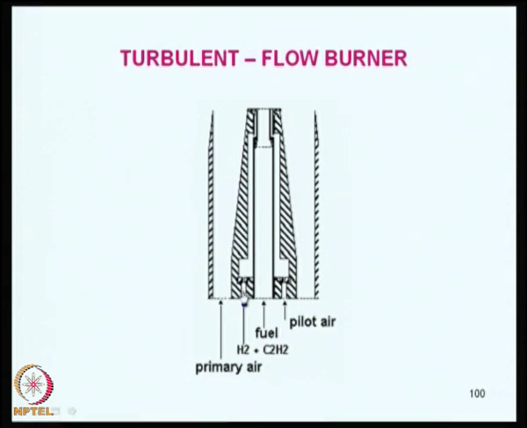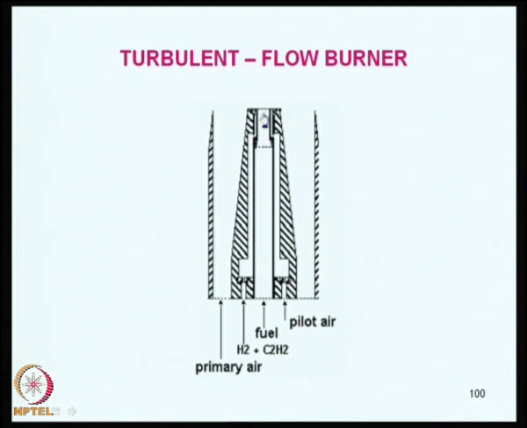Another way is to look at a figure like this. You take the fuel hydrogen in one slot and pilot air in another slot, take the fuel, that is acetylene gas, and then you can also mix it with air. Here all of them are not being mixed initially.